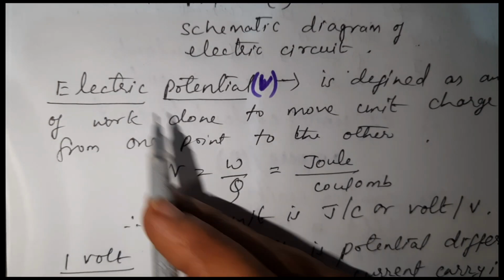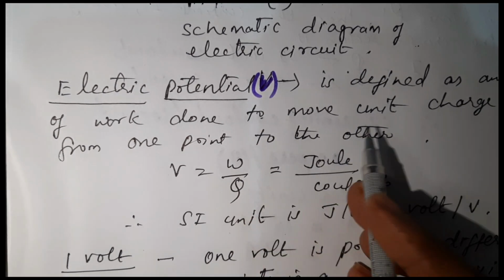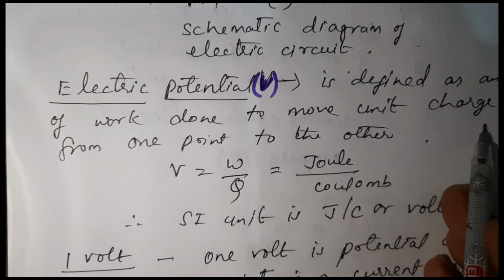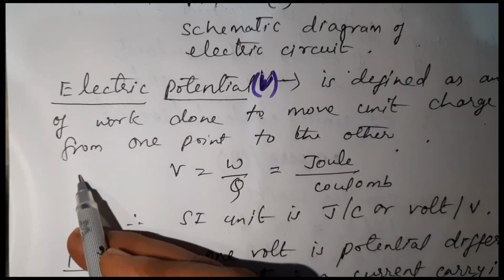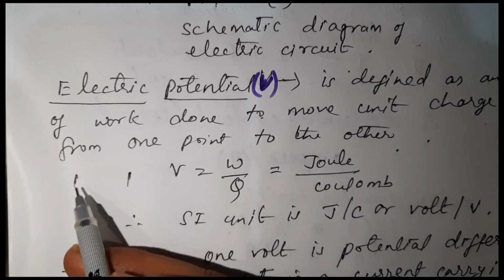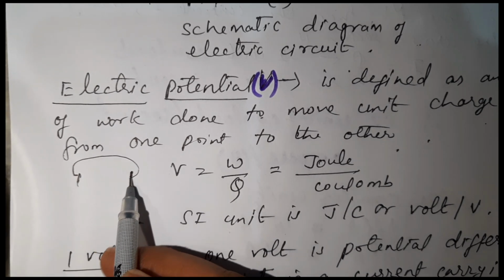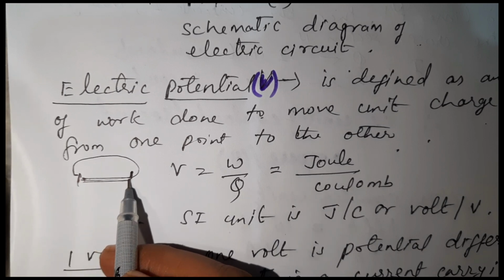Now the next one: what is electric potential? Electric potential is defined as the amount of work done to move unit charge from one point to another. Suppose this is an electric wire; the amount of work done to bring a charge from this point to this point, this complete work done, is called potential difference.